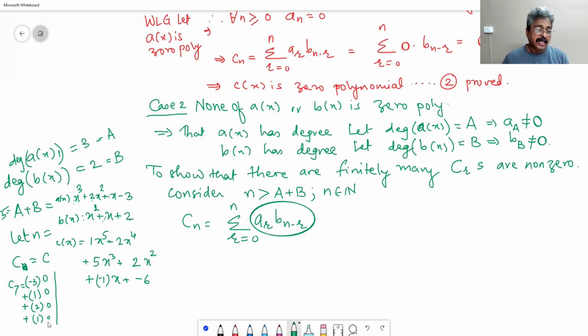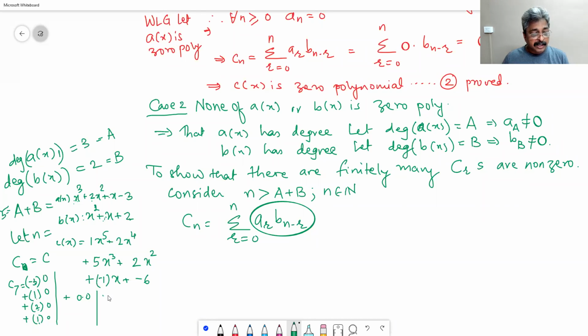Next coefficient: A4 is 0 multiplied by B3, which is also 0, so unfortunately both of them are 0. Then next is A5.